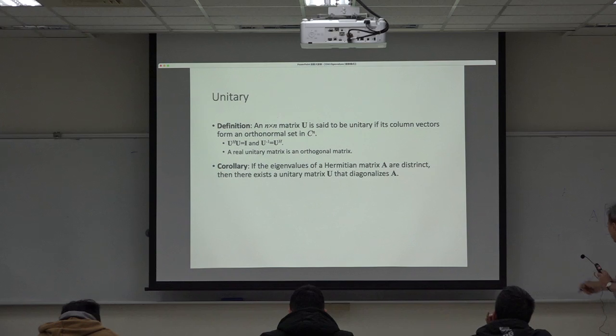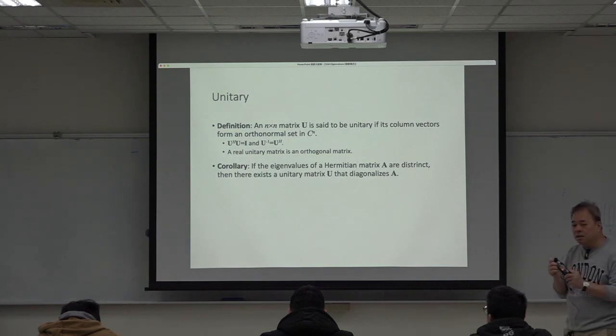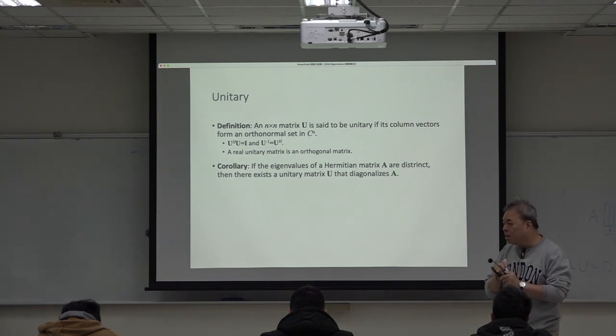We already know that. So UH AU equals D. Because AU equals UD, and the inverse of U is UH, so UH AU equals D. Done, right?